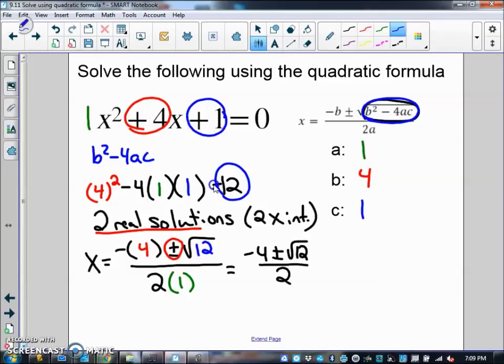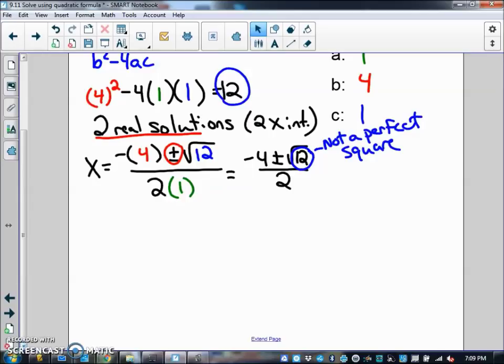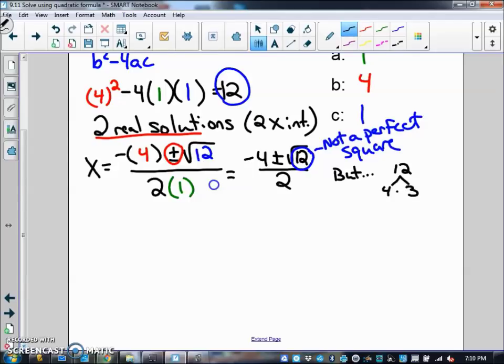Now, the tricky part is 12 is not a perfect square. So we can't really come up with a whole number, so we're going to end up with a radical answer. But I do know that one of the factors of 12 is 4. And 12 can be factored to 4 times 3.